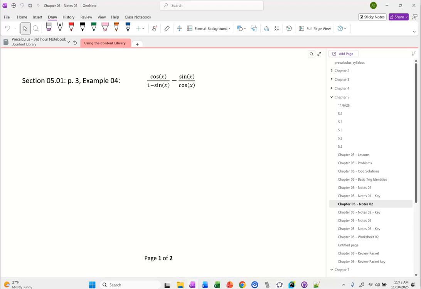So let's do that. If one denominator is 1 minus sine x and the other denominator is cosine x, what will the common denominator be? 1 minus sine x times cos x. Yes, 1 minus sine x times cosine x. Those 2 denominators are relatively prime, so their least common denominator is going to be the product of the 2.